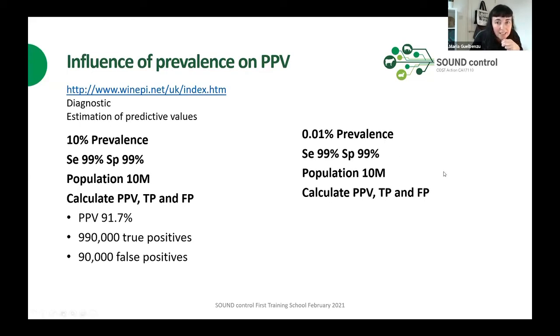As you can see, our positive predictive value is now 1%, and we have only 992 true positives, but 99,990 false positives. So this is something to bear in mind.